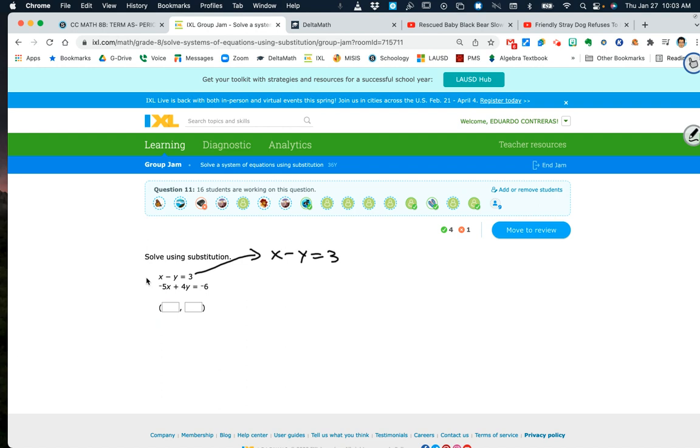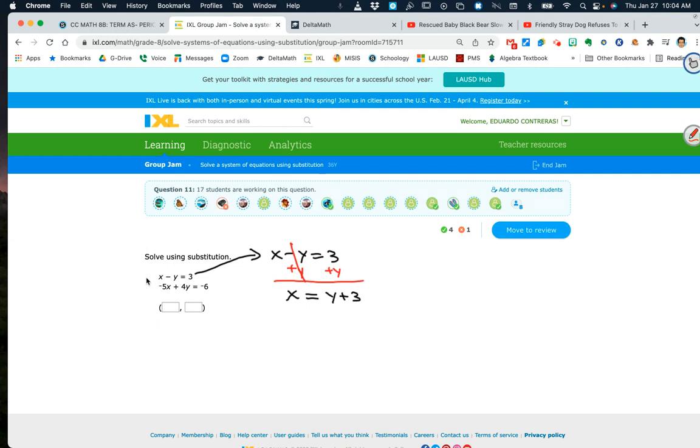And then we're going to manipulate it. Like so. We want to get x by itself. How can I mathematically remove that minus y? Plus y. And we get x equals y plus 3.